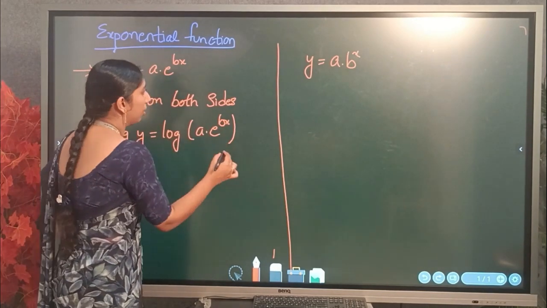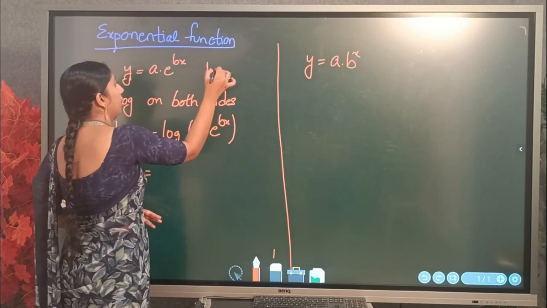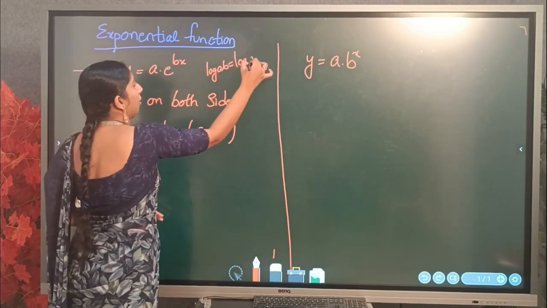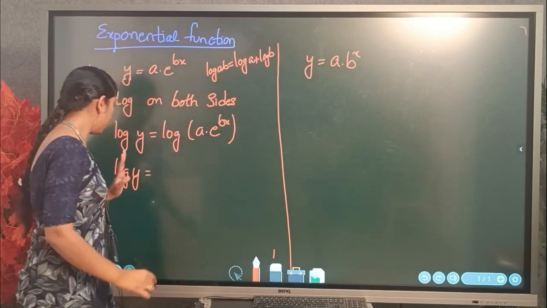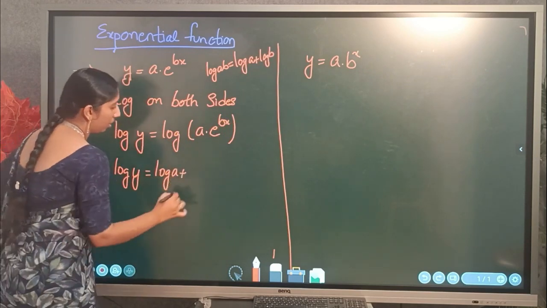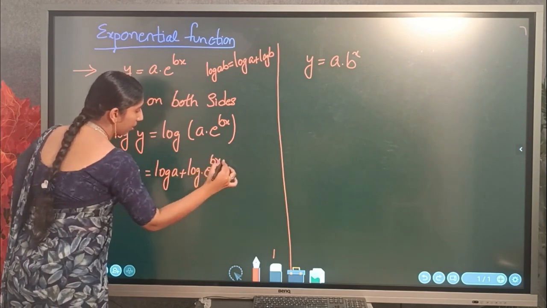It is nothing but in the form of log of a times b, so you can write it as log a plus log b. In place of a there is a, but in place of b, here it is log e power bx.